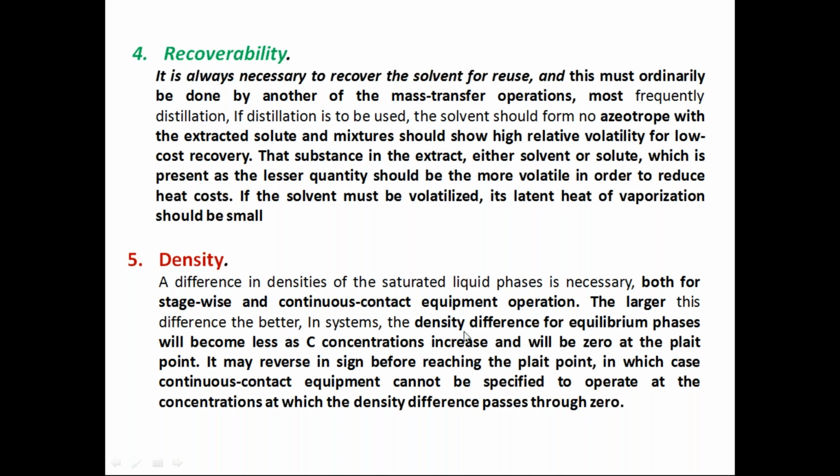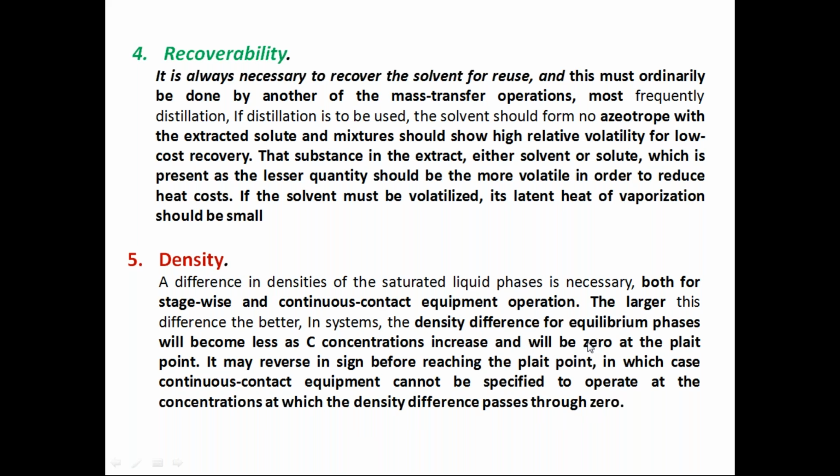In these systems, the density difference for the equilibrium phases becomes less as the C concentration increases and will be zero at the plait point. It may reverse in sign before reaching the plait point, in which case continuous contact equipment cannot be specified to operate at the concentrations at which the density difference passes through zero.